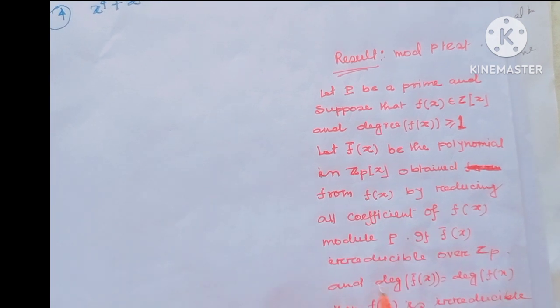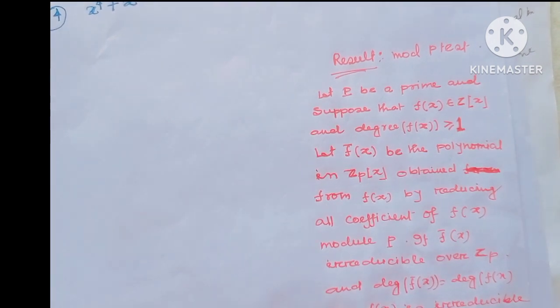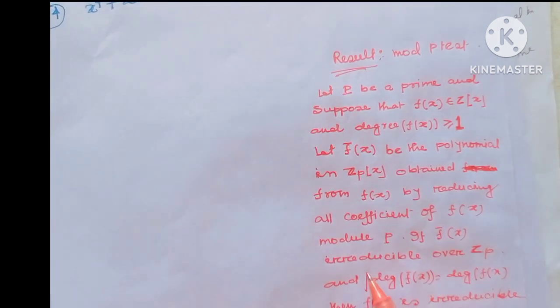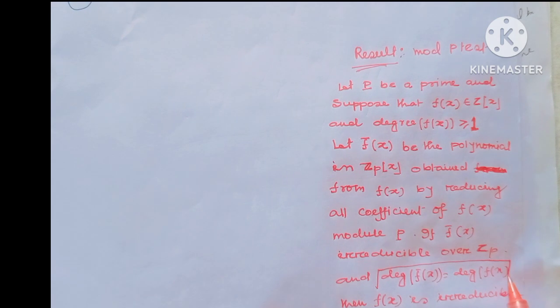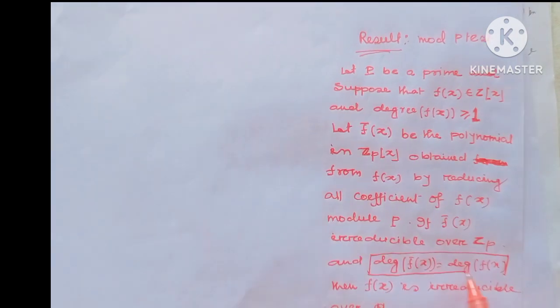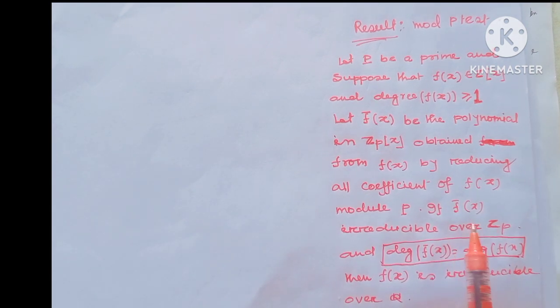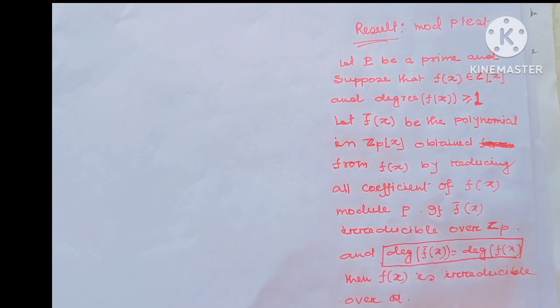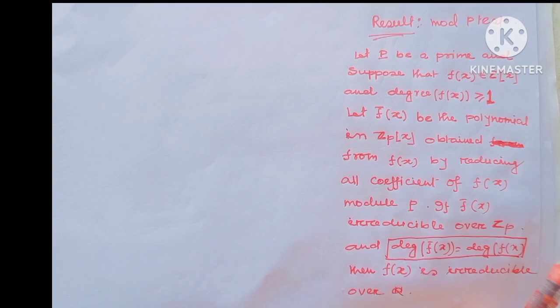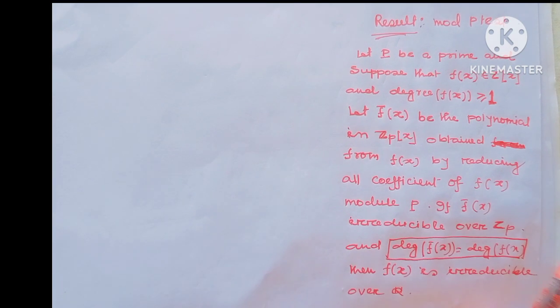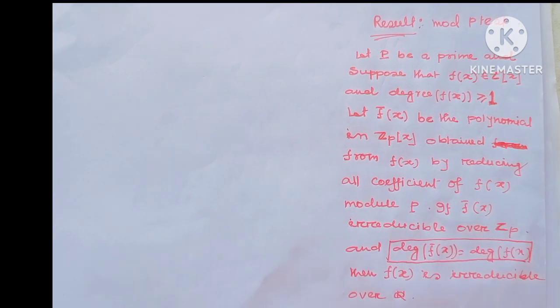If f bar(x) is irreducible over Zp and degree of f bar(x) is equal to degree of f(x), then f(x) is irreducible over Q.